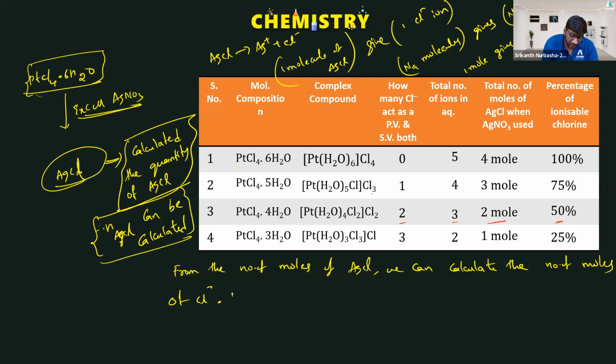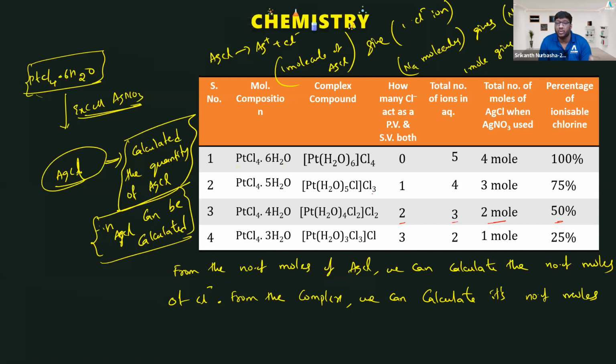So now from the complex, we can calculate its number of moles. That means how much quantity of complex you have taken. From that you can calculate the number of moles of complex, and from that you can also say how many moles of Cl minus obtained. So can I relate these two, students?